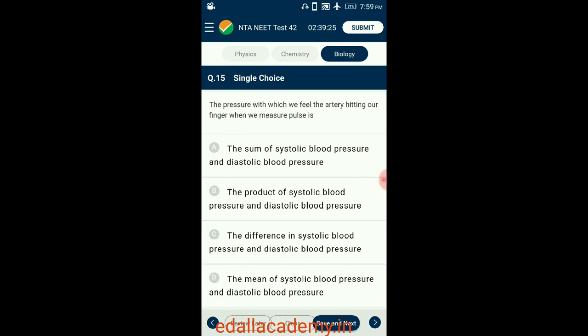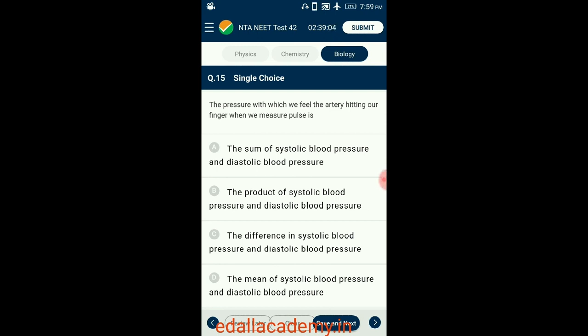Question number 15. The pressure with which we feel the artery hitting our finger when we measure pulse: the minimum pressure in the artery is diastolic blood pressure, which is 80 mmHg. The maximum pressure in the artery is systolic blood pressure, which is 120 mmHg.